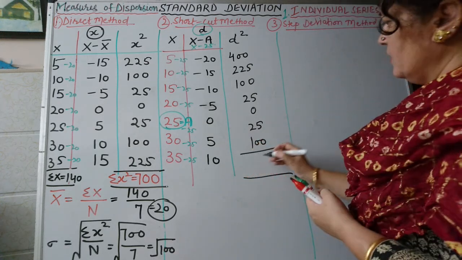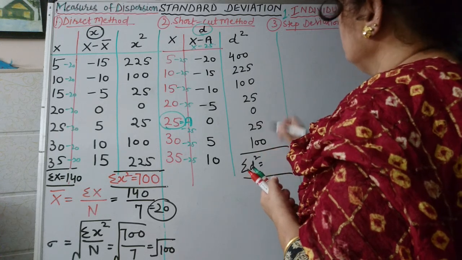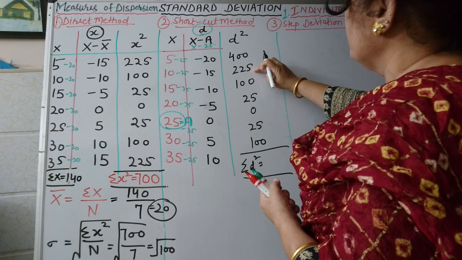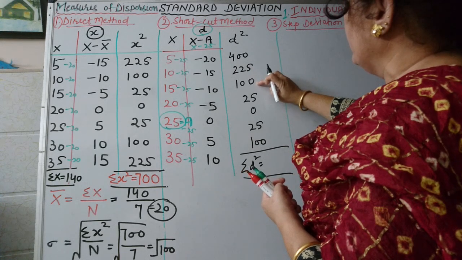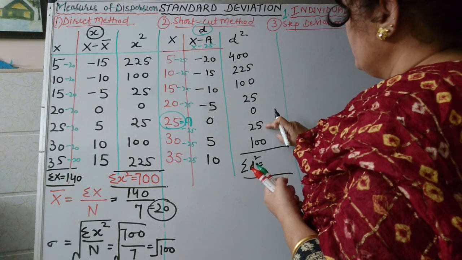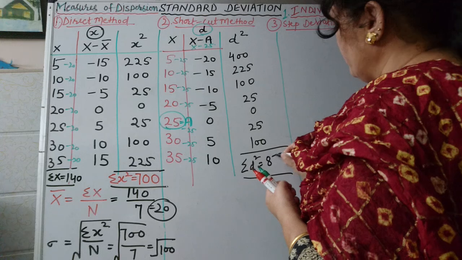And by summation of all the values, sigma d square is equal to 400 plus 225, 625, plus 100, 725, plus 25, 750, plus 25, 775, plus 100, 875.